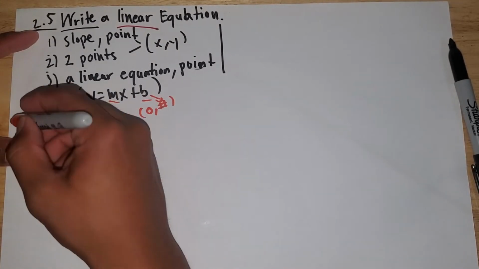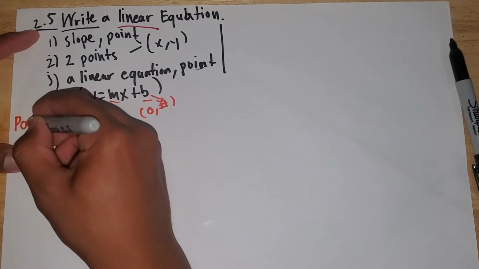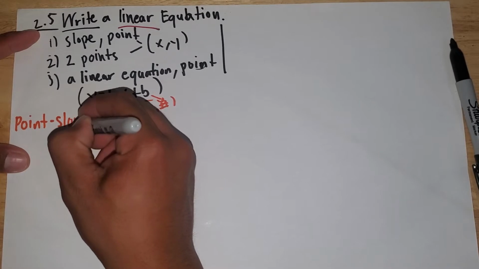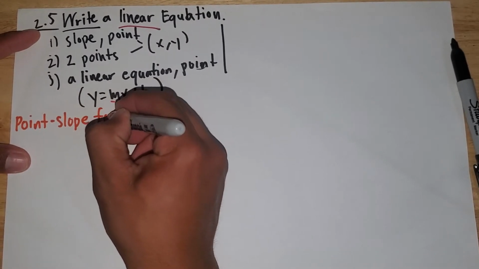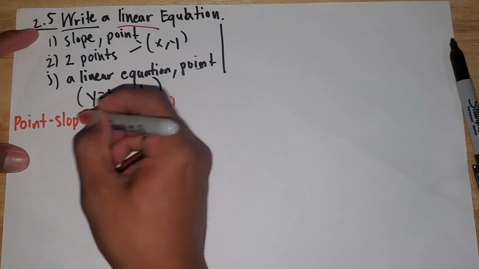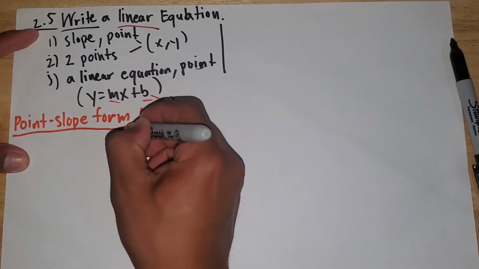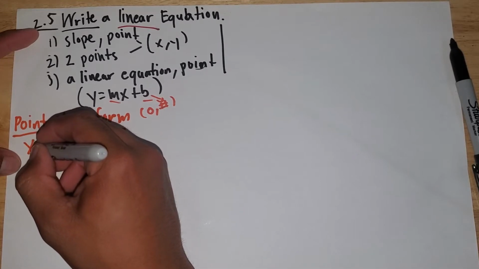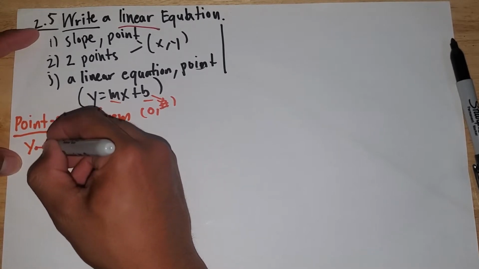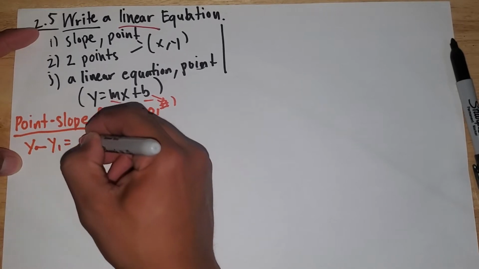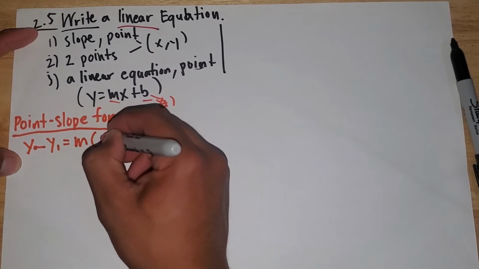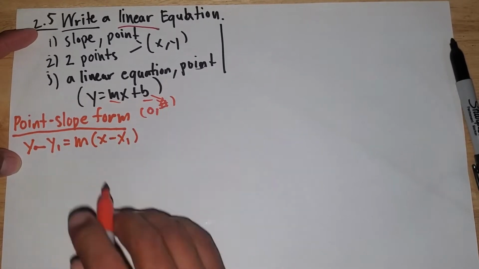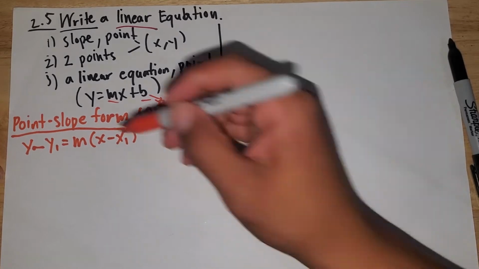It's called point slope form. And it's y minus y sub 1 equal to m times x minus x sub 1. So here's what's important.